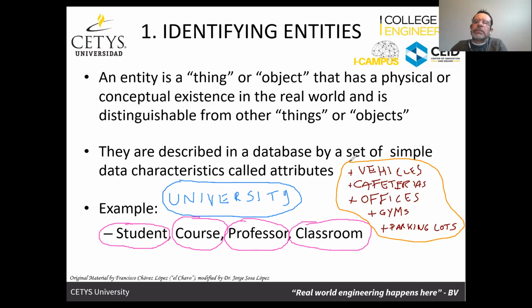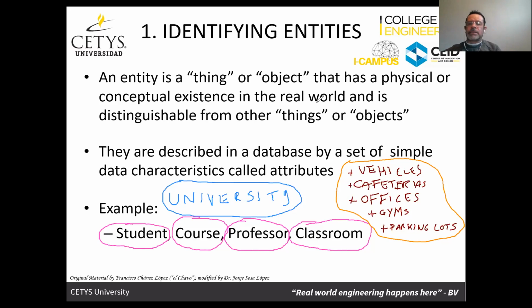So these could be entities. However, here's the thing. The information system that I'm developing is an information system or a database that keeps track of the students and their classes, who teaches them, and where they're taught. That's what my information system is about with regards to a university. Are we clear up to this point?